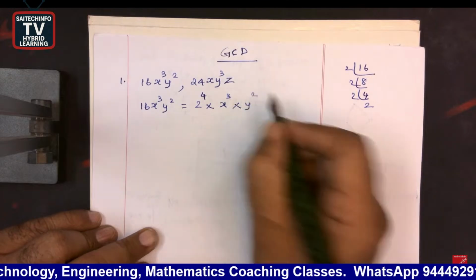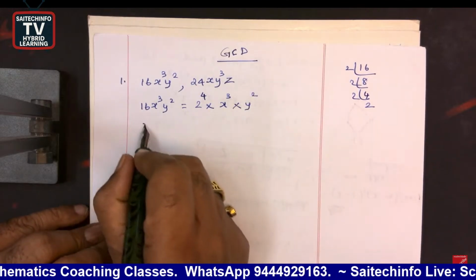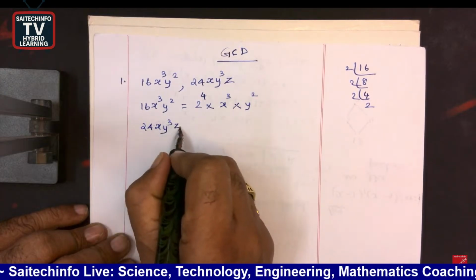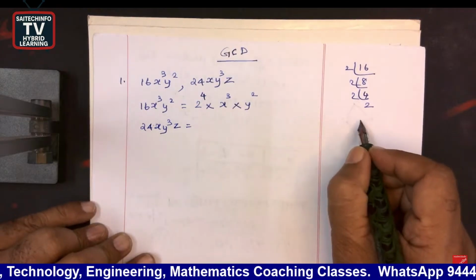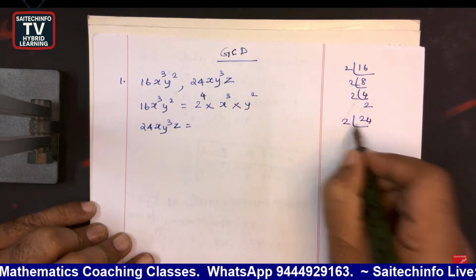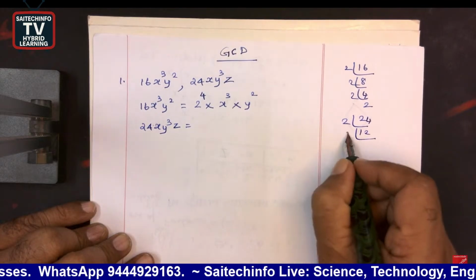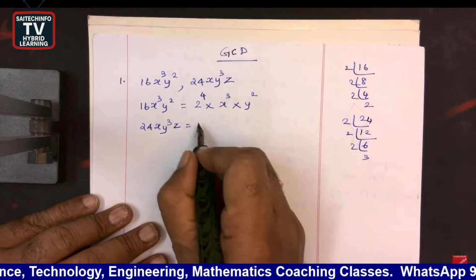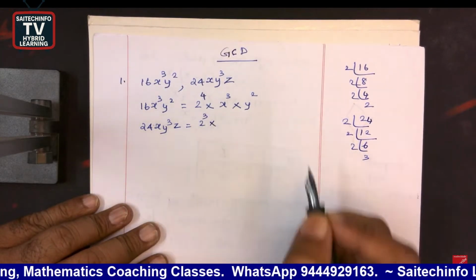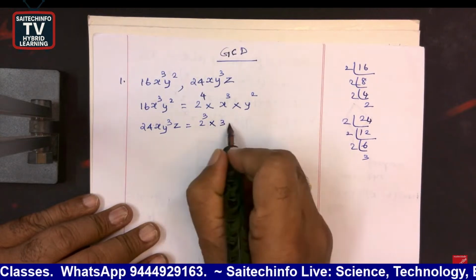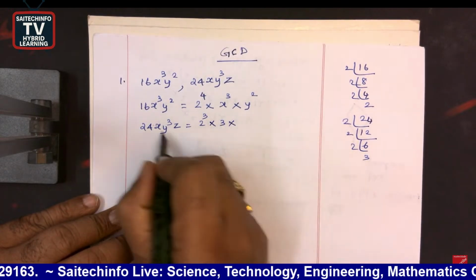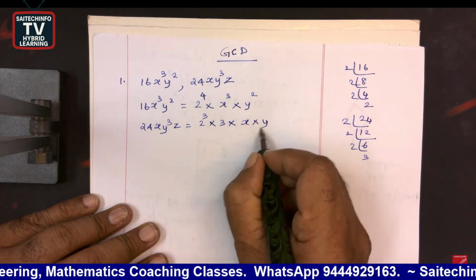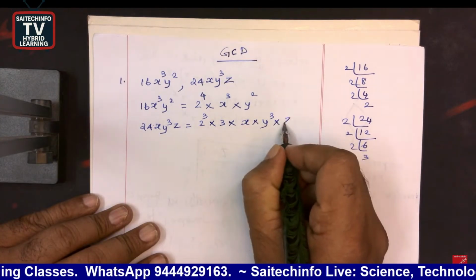That's it. Now 24x y cube z. Let us factorize 24. So 2, 12, 6, 2, 3, is it not? So 2 cube into 3 into x, then into y cube into z.